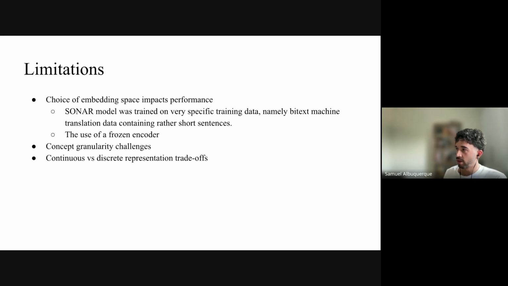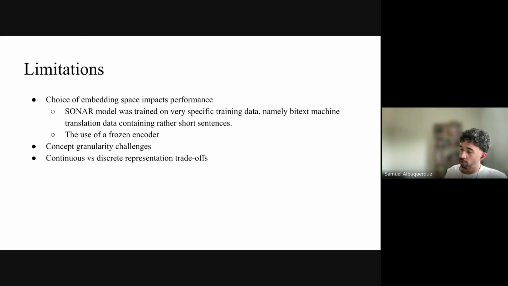It was trained on bitext machine translation data containing rather short sentences, and these sentences don't contain a lot of things that you have in normal internet data, like links or code or citations.